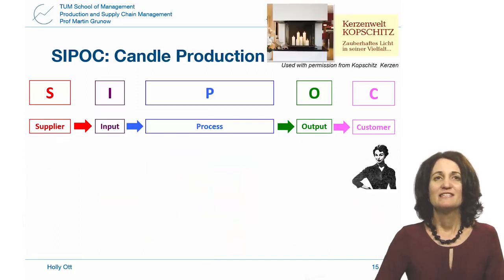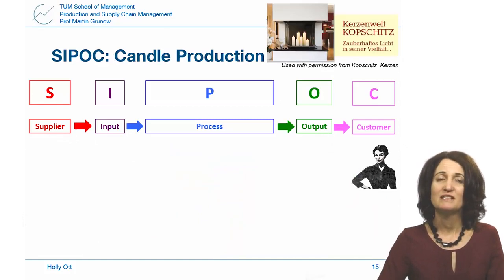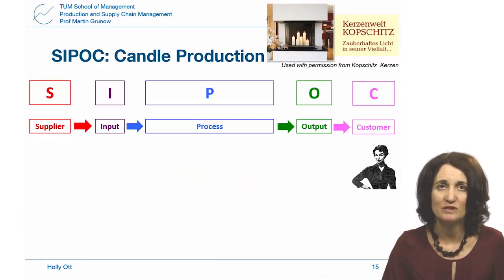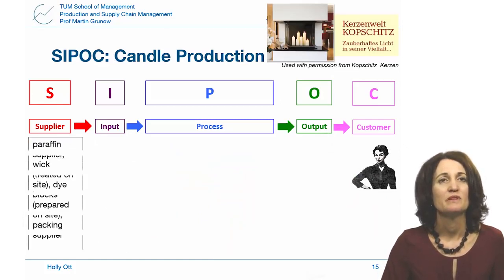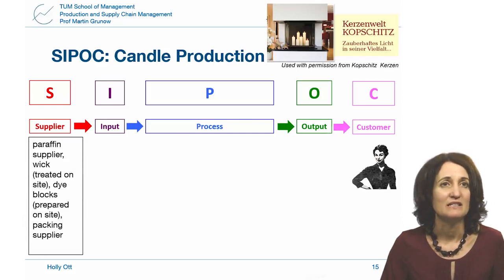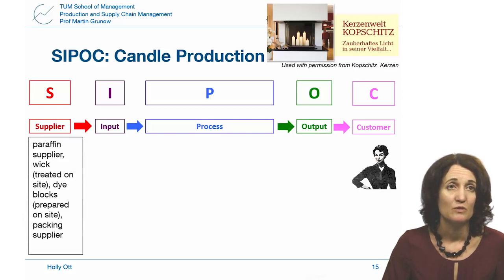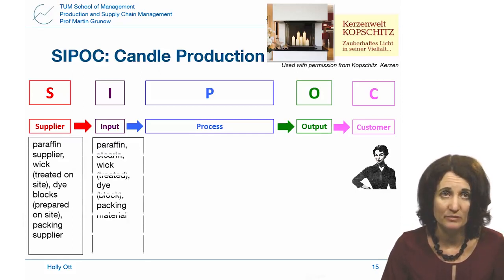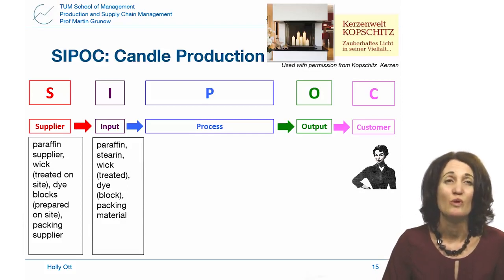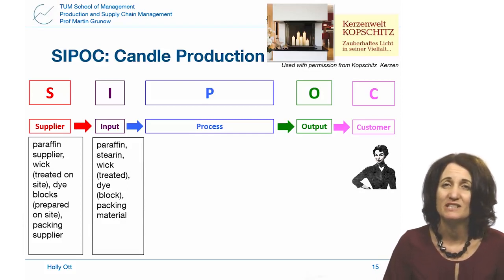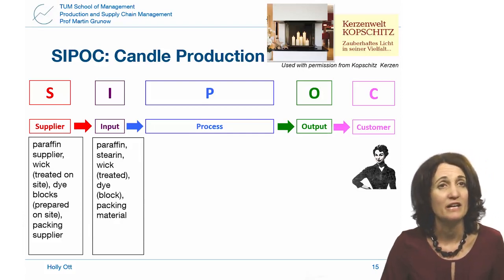If we look at candle production, a slightly less familiar process for most of us, we have as inputs things like raw paraffin. We have the wick that comes in. We have different types of dye to dye our candles different colors, and we'll have our packing material.